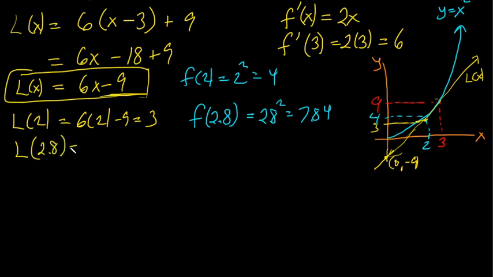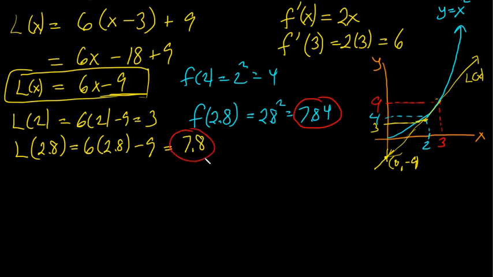So if I plug in 2.8 into L, that's 6 times 2.8 minus 9, which is 7.8. So yeah, now compare that to the actual answer, 7.84. You can see that's awfully close, right? You're off by 0.04. So that's pretty good, right? And you can see that the closer you get, it's even better.